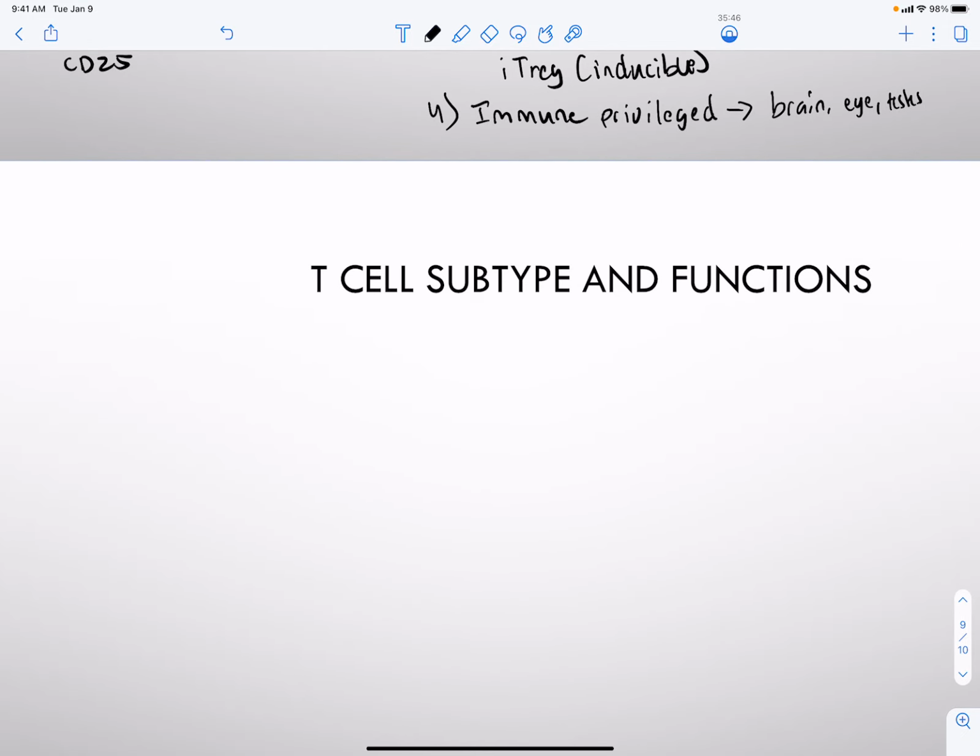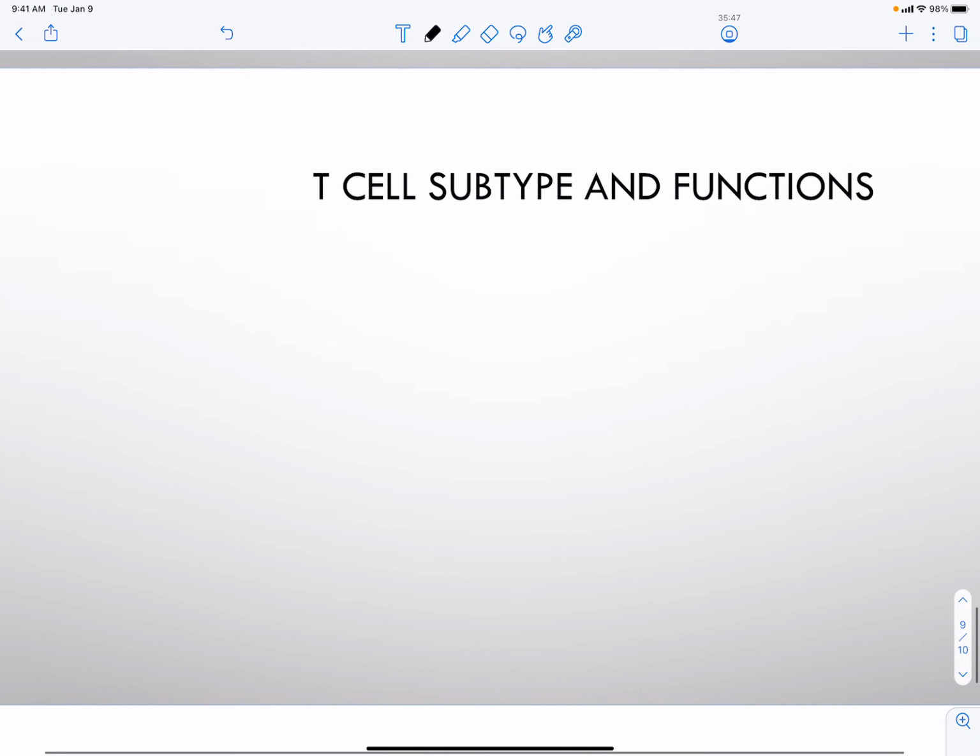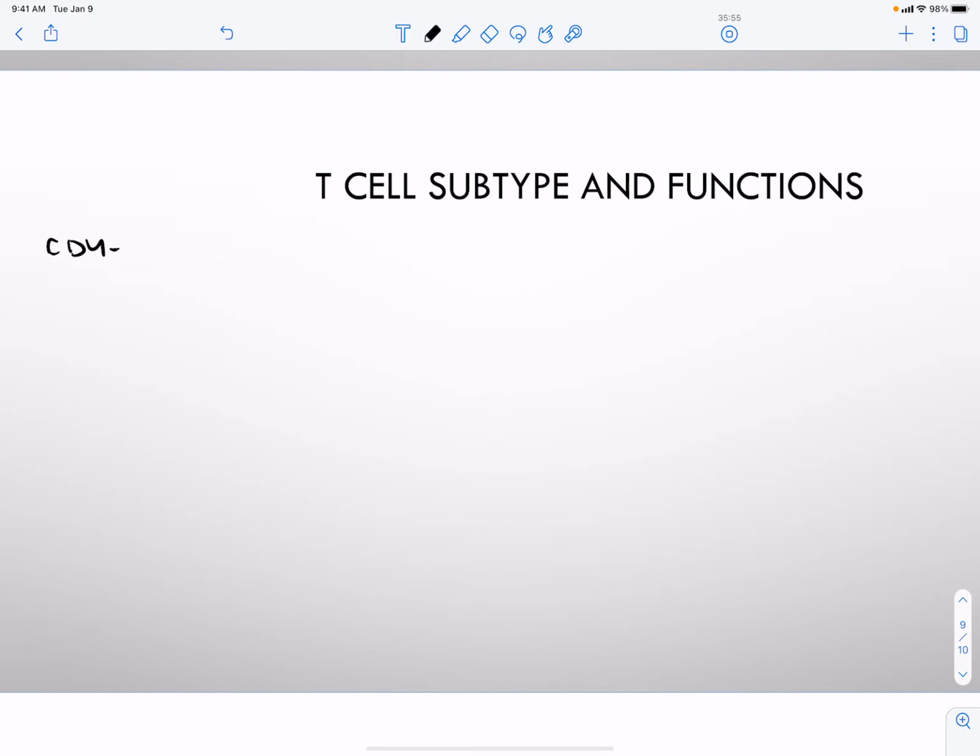Now, finally, I want to talk just a little bit about T cell subtypes. So we have, again, our CD4 helpers. And these are going to be Th1, and this is primarily for intracellular pathogens.